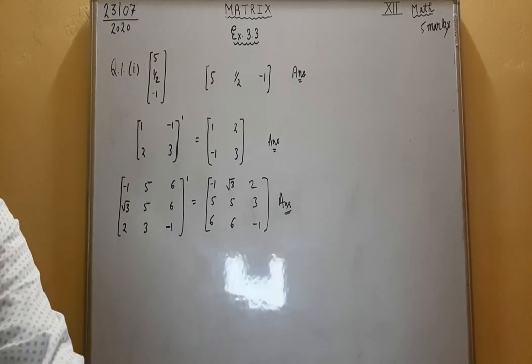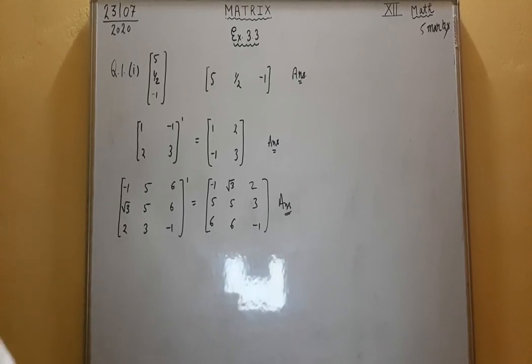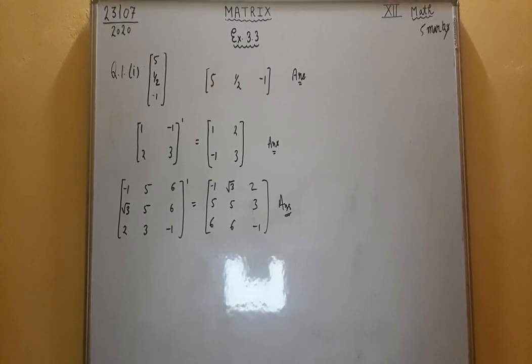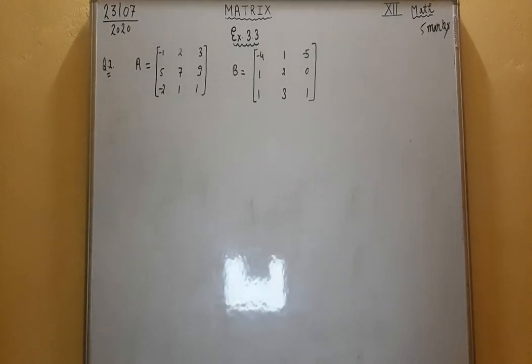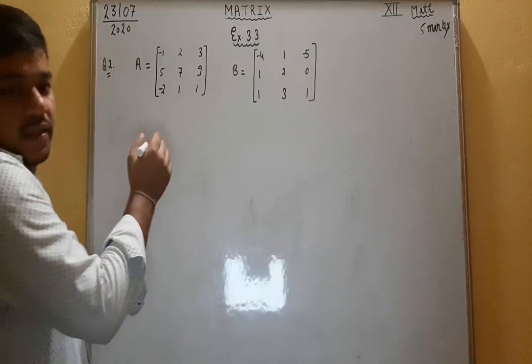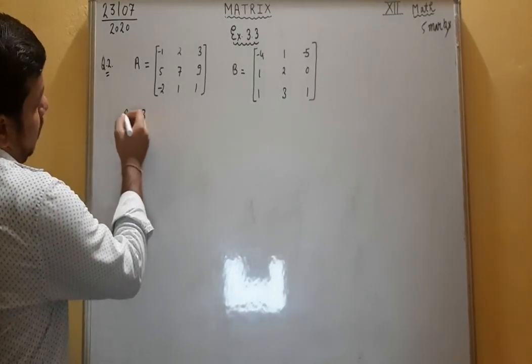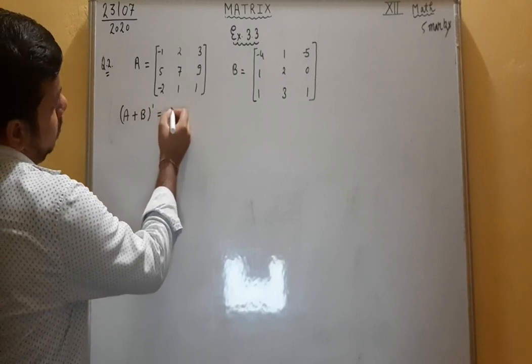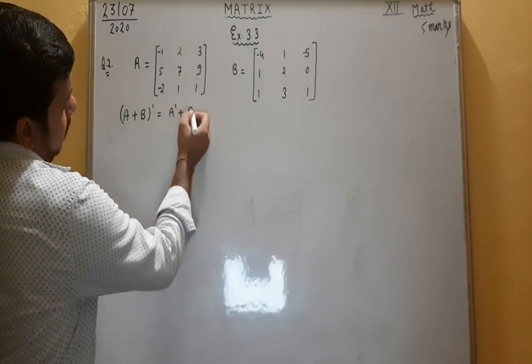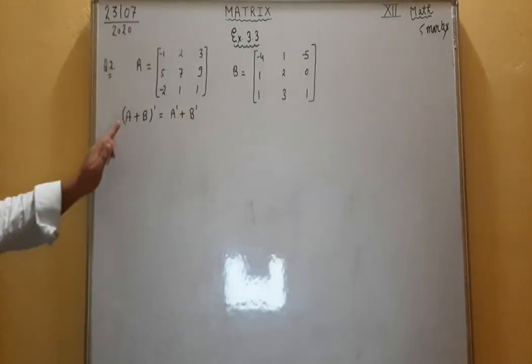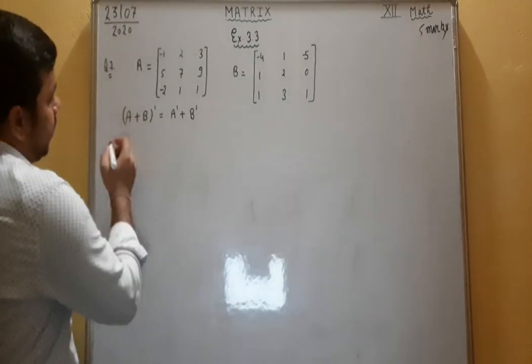Question number 2. We are given two matrices A and B as follows. We have to prove that (A plus B) dash is equal to A dash plus B dash. For proving this result, first of all we have to find A plus B. So what is A plus B?